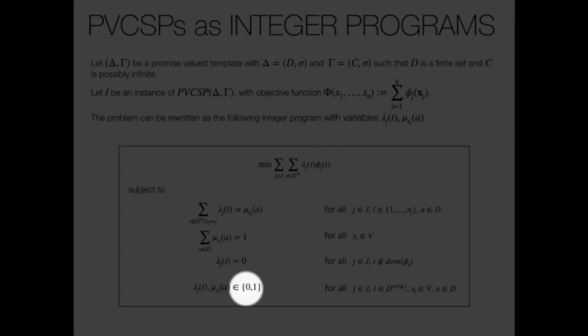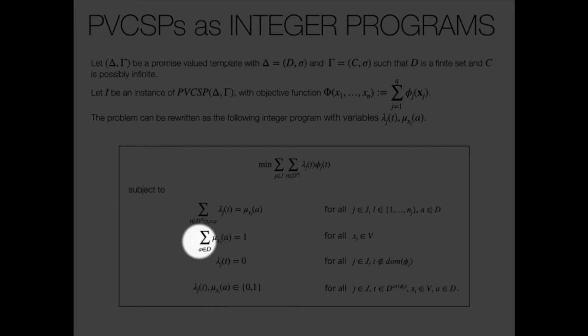Having μia equal 1 corresponds to the fact that the variable xi is assigned to the value a from the domain D. Similarly, having λjt equal 1 corresponds to the fact that the tuple of variables xj is assigned to the tuple t of elements from the domain D.